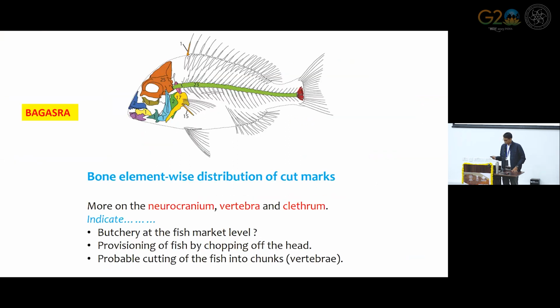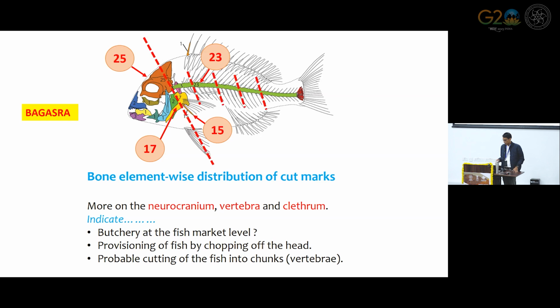When these cut marks are observed through bone elements, more cut marks are confined towards these locations. Especially the lower cranial elements are mostly devoid of any cut marks. You can see cut marks on the cranial bones, as well as on the vertebrae. These are an indication of a probable butchery pattern. They were probably cutting the fish into small chunks.